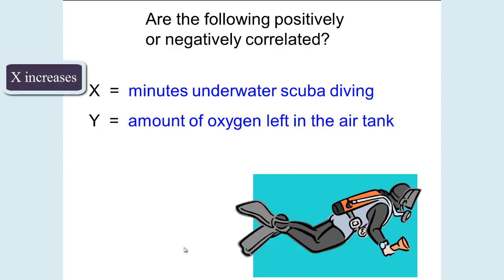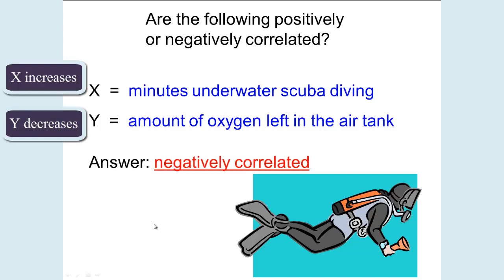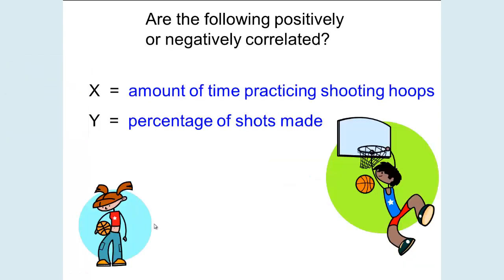What happens to the amount of oxygen left in your air tank? Increasing the minutes should decrease the amount of oxygen in your tank. So these are moving in opposite directions and give us a negatively correlated relationship.